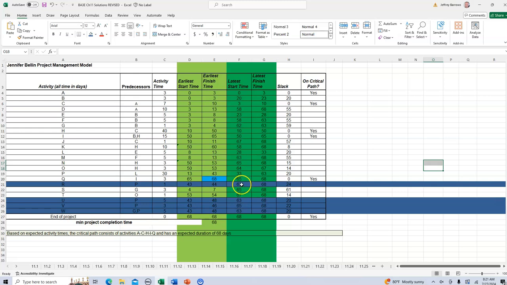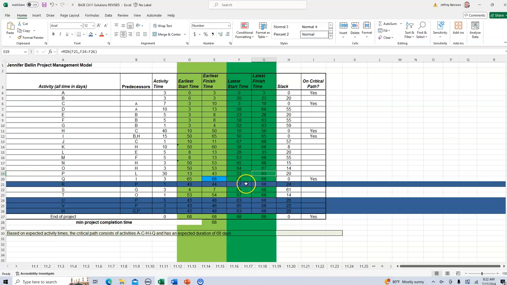So our activity R starts on day 67. Activity U starts on day 63. Activity V starts on day 65. And activity W starts on day 63. So in order for activity P to act as their predecessor, it must finish on day 63.